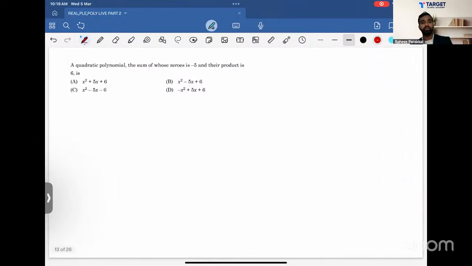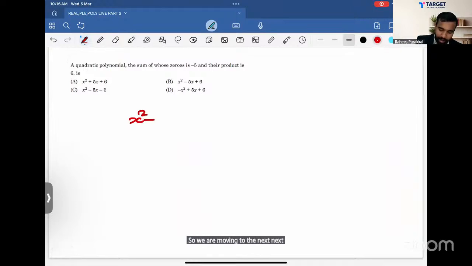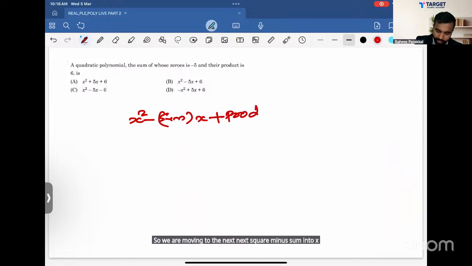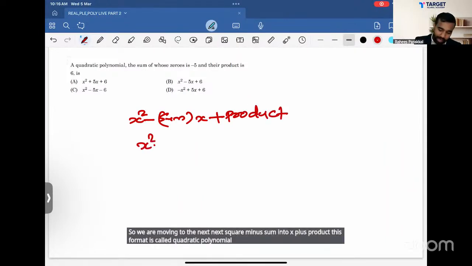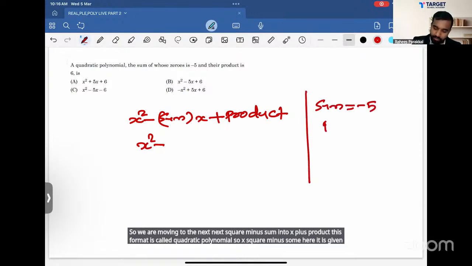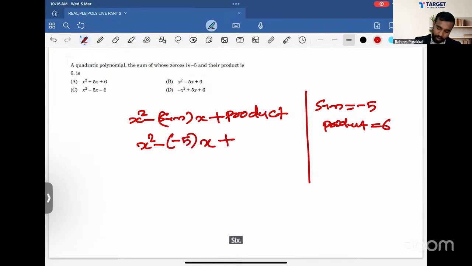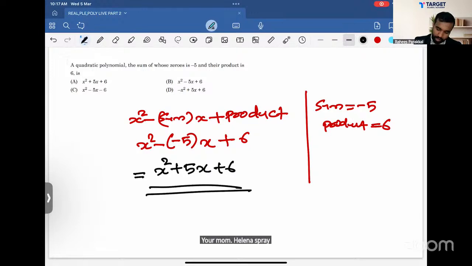So we are moving to the next formula: x square minus sum into x plus product. This format is called a quadratic polynomial. So x square minus sum, here the sum is given, that is equal to minus 5. The product is given, that is equal to 6. So x square minus minus 5 into x plus product 6.